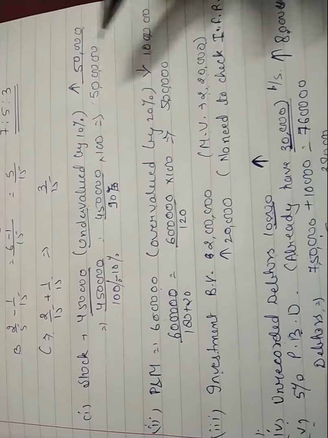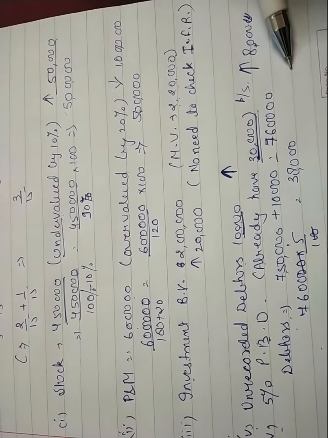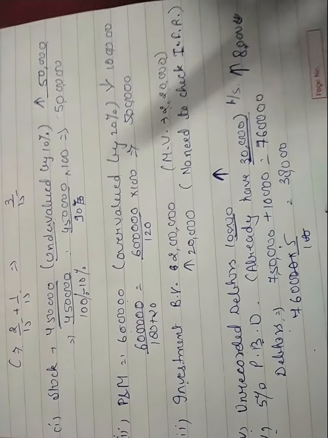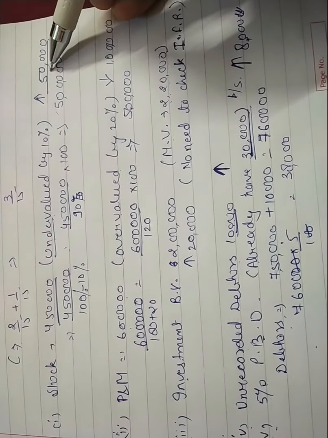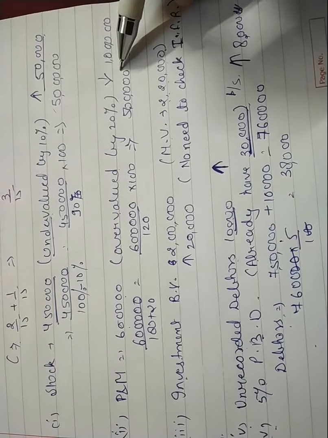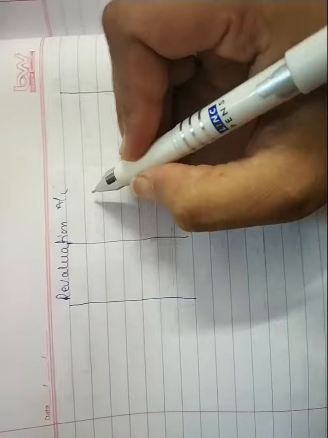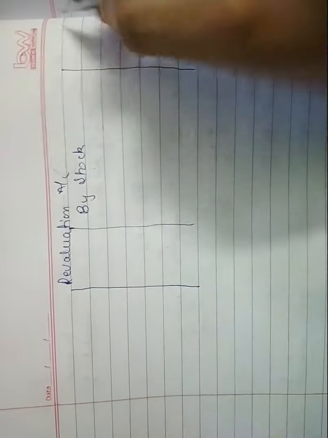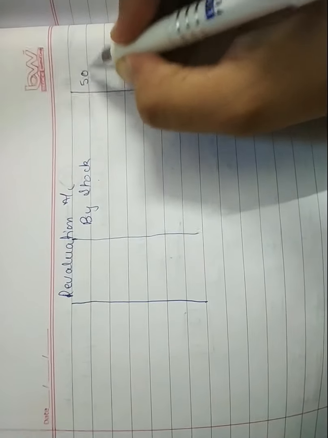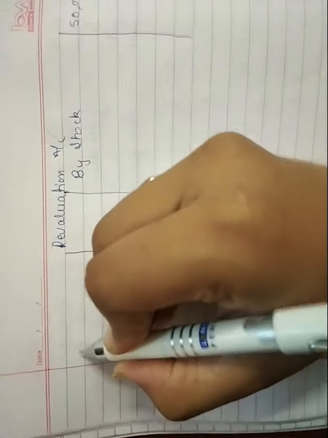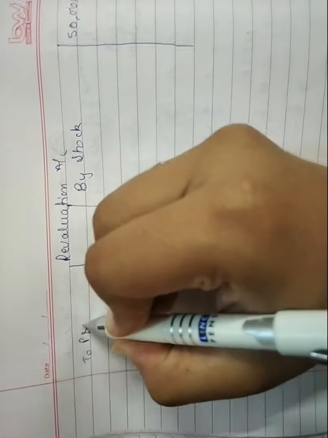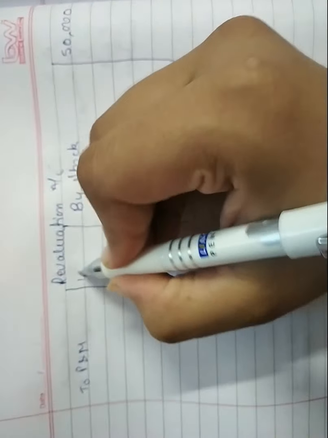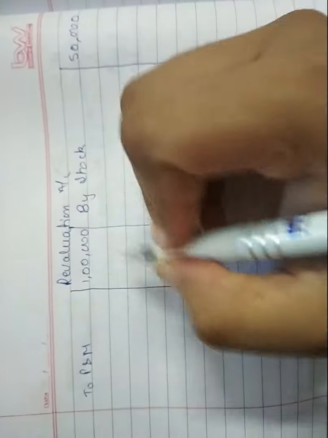So these transactions I will have to record in our revaluation account. Let's start first. Stock increased by 50,000, plant decreased by 1 lakh. This is our revaluation account. So by stock 50,000, to plant and machinery 1 lakh. So 2 entries we have done.